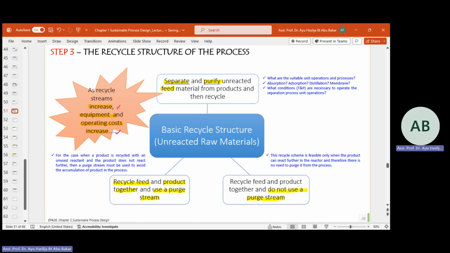That's why you need to do the calculation wisely. So there are three cases over here. The simplest would be this one. Separate and purify unreacted feed material from products, then recycle. Okay, so you just separate and purify.